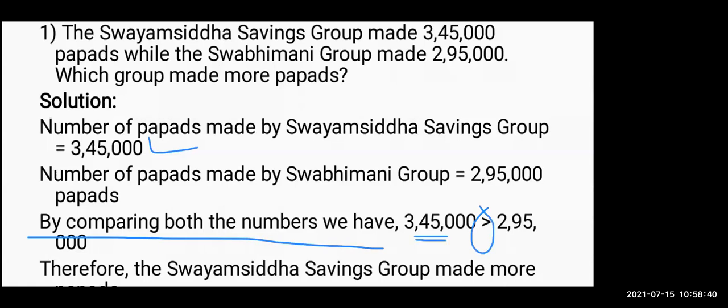So which group made 3,45,000? Swayam Siddha. So the last statement you will write: therefore the Swayam Siddha Saving Group made more papad. They made the most papad. So we have to write, therefore the Swayam Siddha Saving Group made more papad.